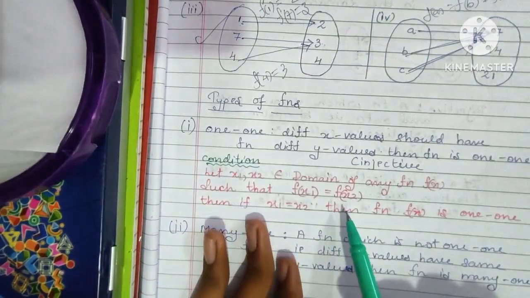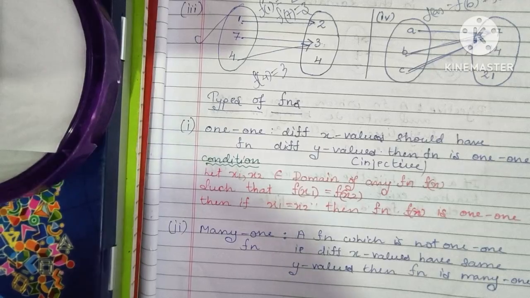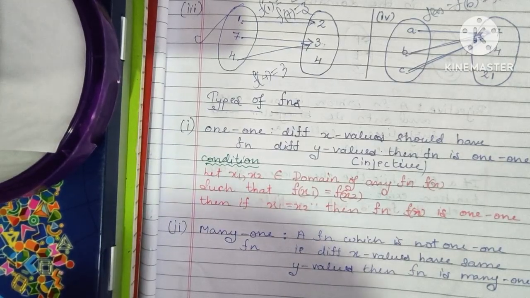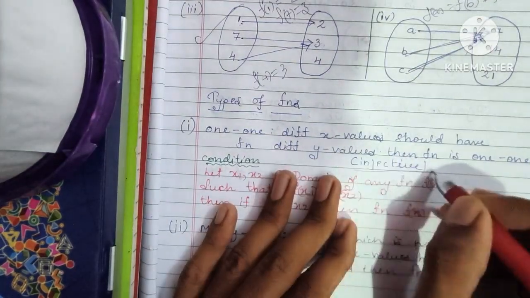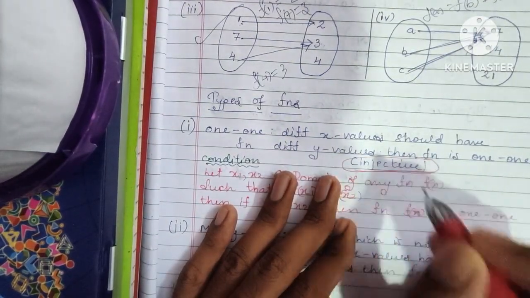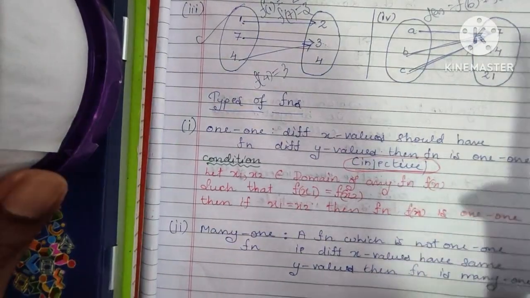Then the function is said to be one-one. X values means the input values. Y values means the output that we get. So then the function is called one-one. Another name of one-one is injective. Okay, my dear students. For example, if I consider an arrow diagram, please look here.